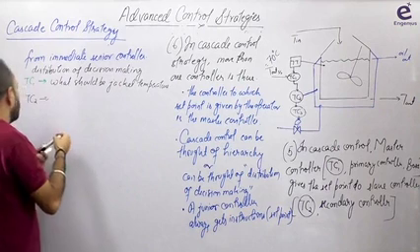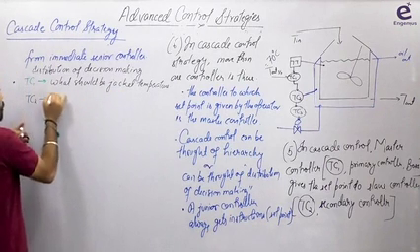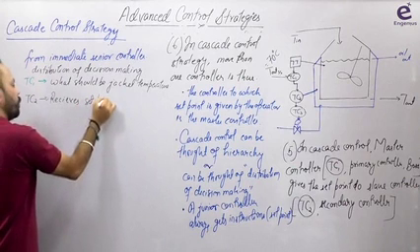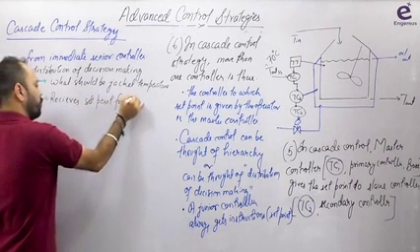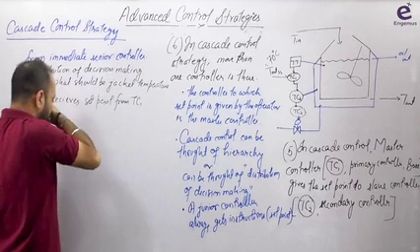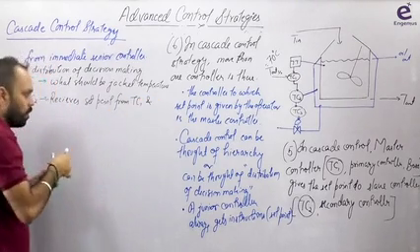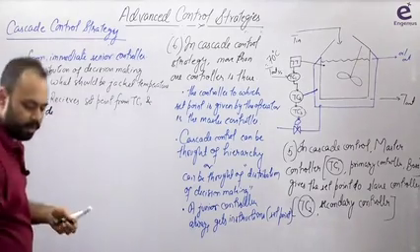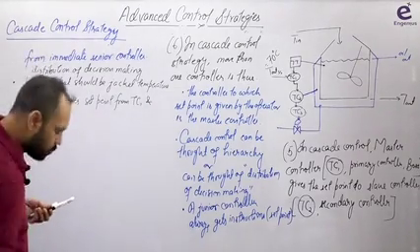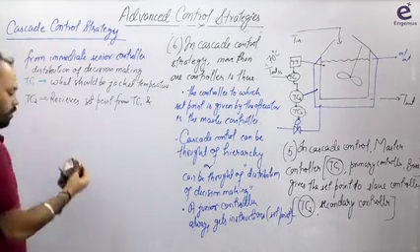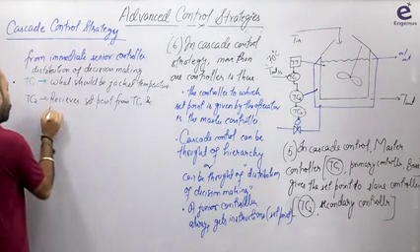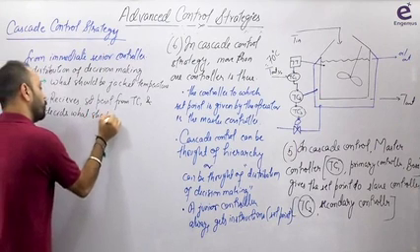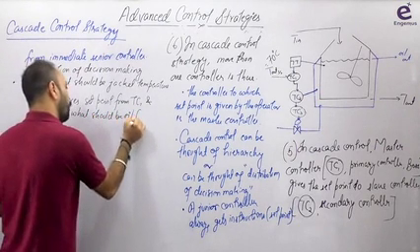Now TC2, what should be the jacket? TC2 receives set point from TC1 and decides what should be the flow rate, what should be oil flow rate.